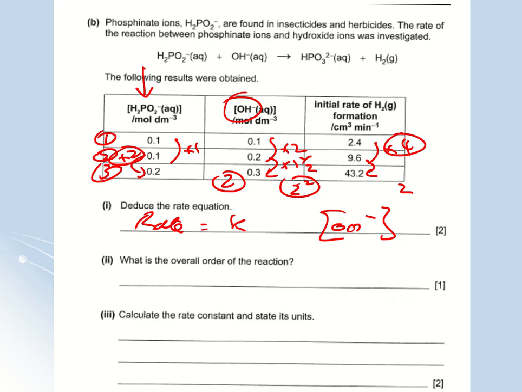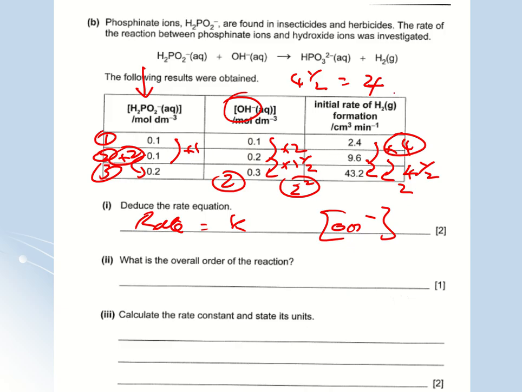That's gone up by a factor of 4.5. So let's plug those values in. My rate's gone up by 4.5. My H2PO2 minus phosphonite ions have gone up by a factor of 2 to the, that was second order, wasn't it? 2 to the 2, which is 4.